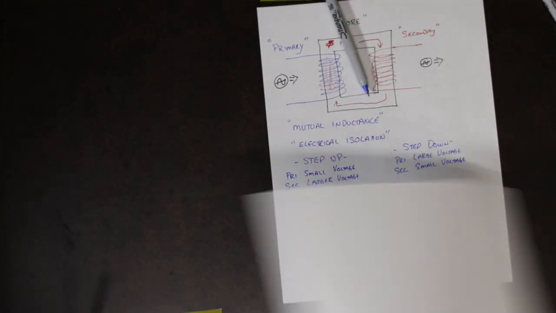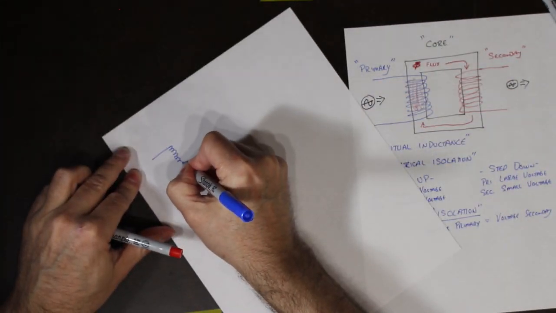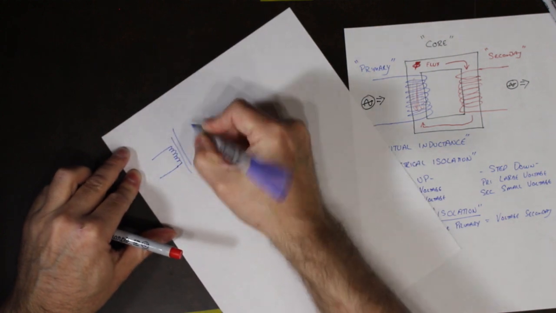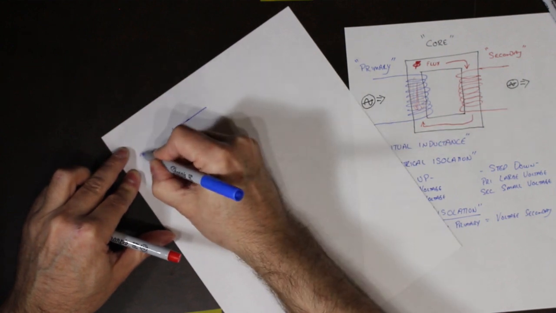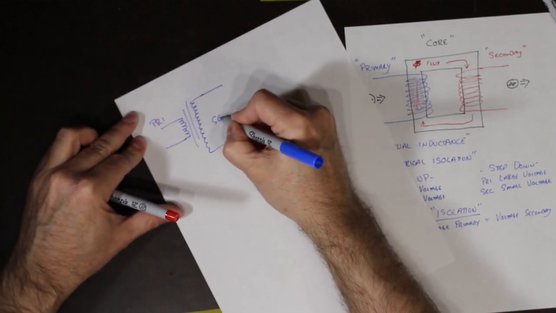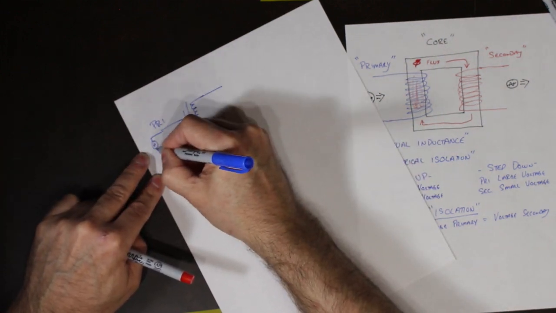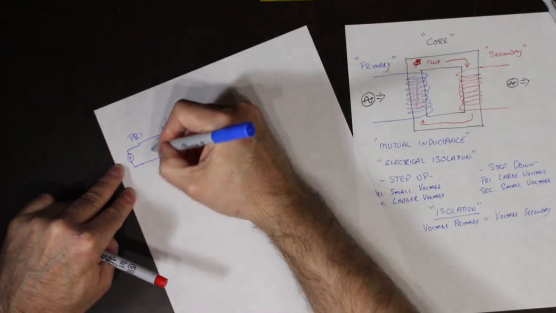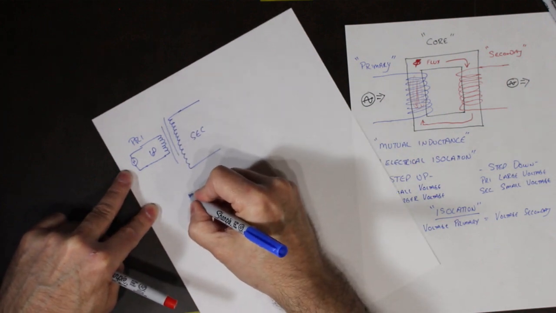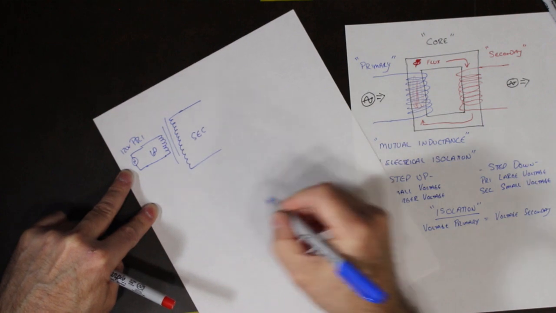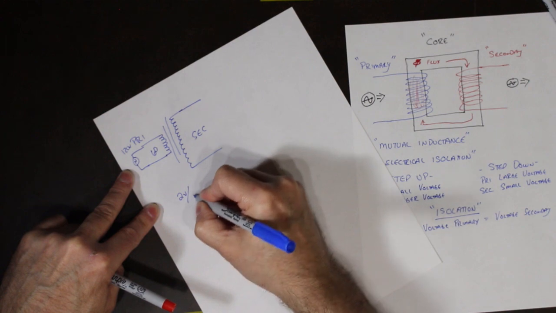If we take the same thing, but now we create it the other way, on the primary side and on the secondary side. On the primary side, again, I put in my 120 volts and I have my same 60 turns. The magnetic field strength is again 2 volts per turn.